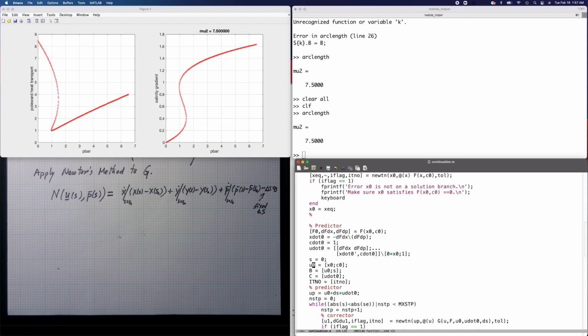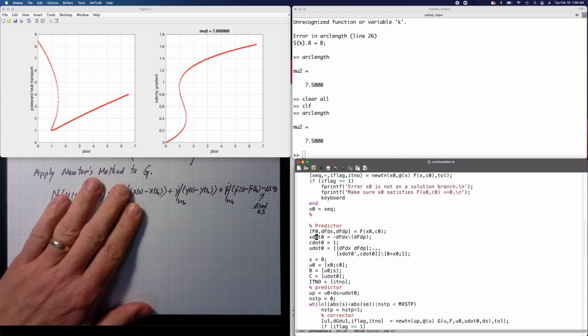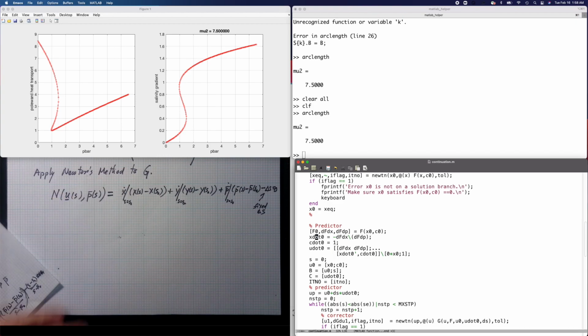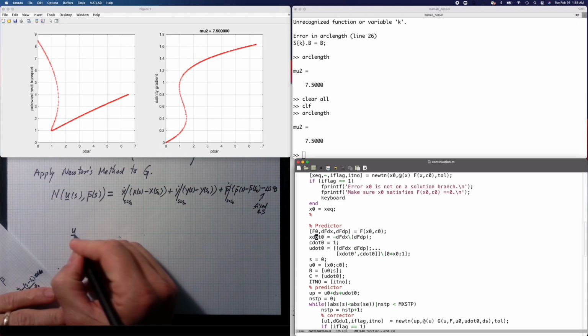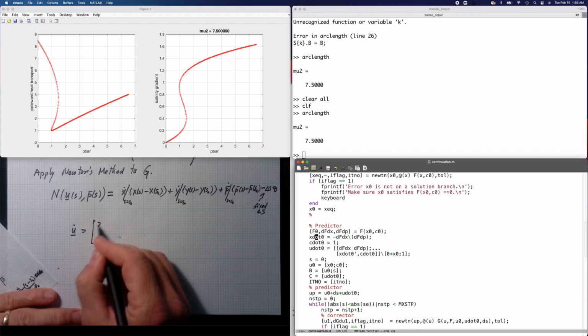Then I solve the predictor equations using this df dx, df dp, and the x dot and c dot. So the first part is to try to solve for the x dot and the c dot. So x dot in the code is really what I was calling u dot in my equations, which means x dot, y dot.